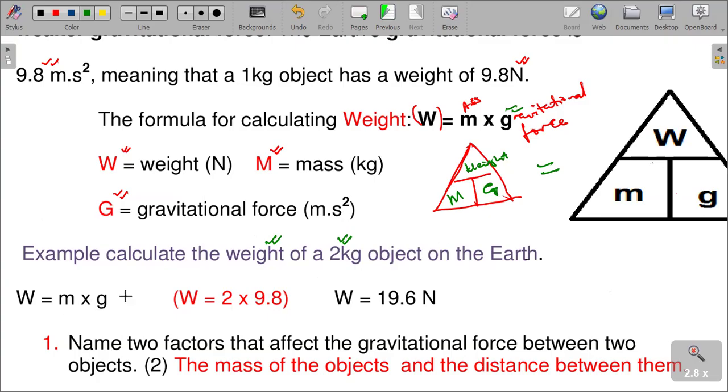W is equal to mg, and then m, our mass, is 2, multiplied by our g, which is given as 9.8 there. This is g given there.